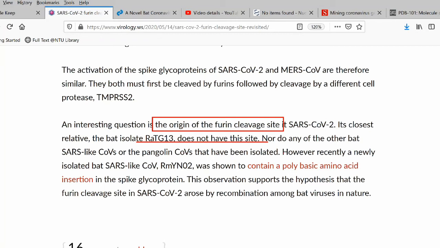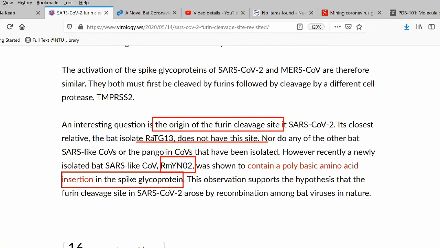But they say, however, recently a newly isolated SARS-CoV-2, this one, which is not available through NCBI as yet, was shown to contain a polybasic amino acid insertion in the spike glycoprotein.